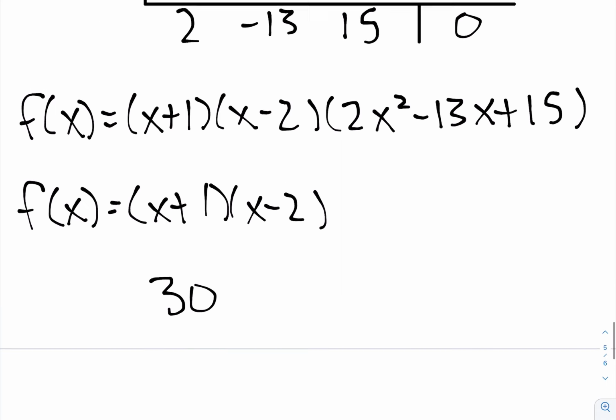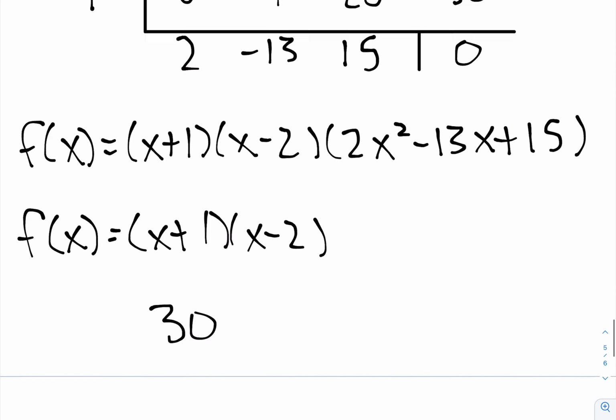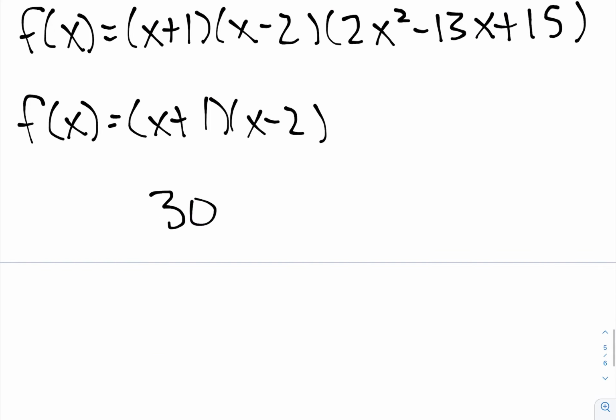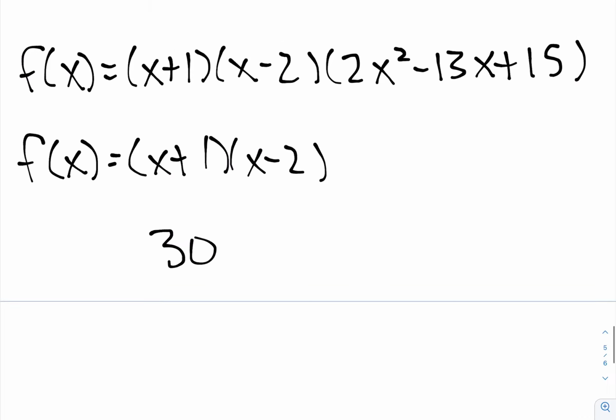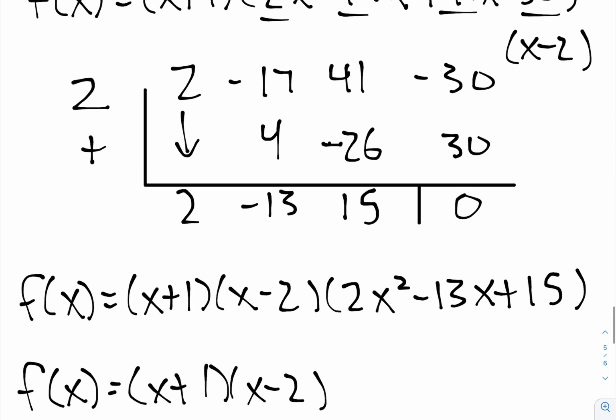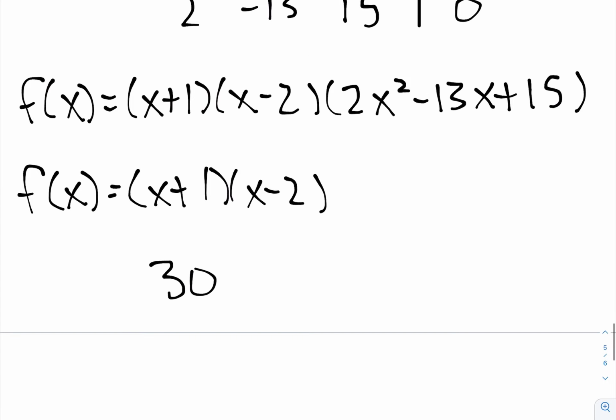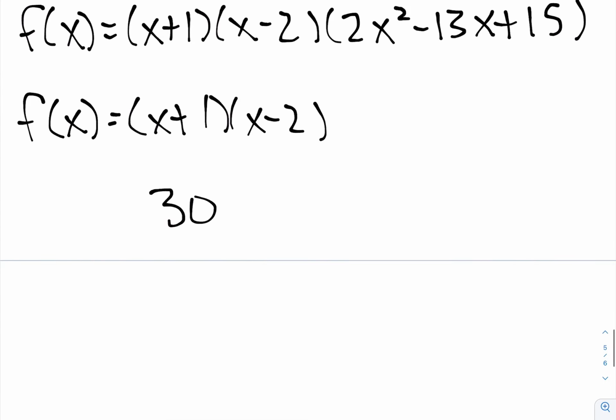The factors of 30 are 6 and 5, 15 and 2, but that's not going to work.